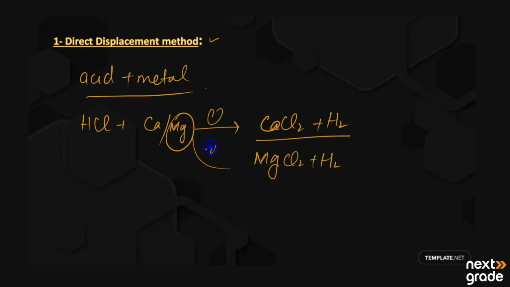So here we have two ways when an acid reacts with the metal, and this is known as a direct displacement reaction. Why is it called so? Because here the magnesium or the metal displaces the chloride ion from the acid. That's why this is known as the direct displacement method.